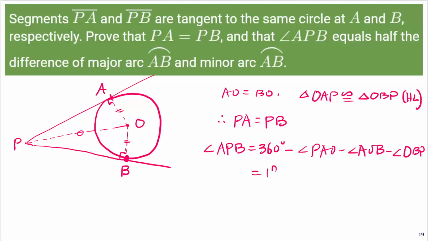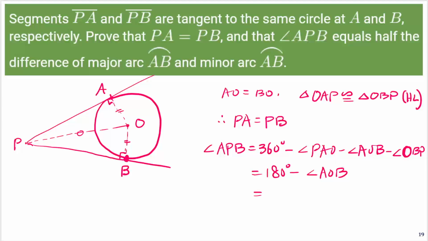And that leaves us 180 degrees minus angle OBP. Angle OBP is, that should be angle AOB, because angle OAP is simply 90 degrees.